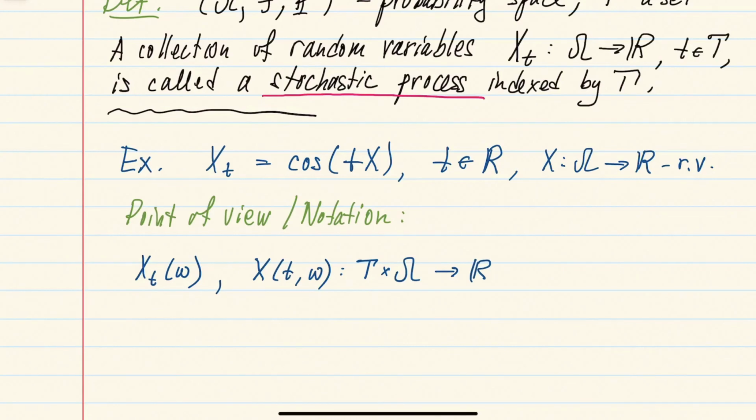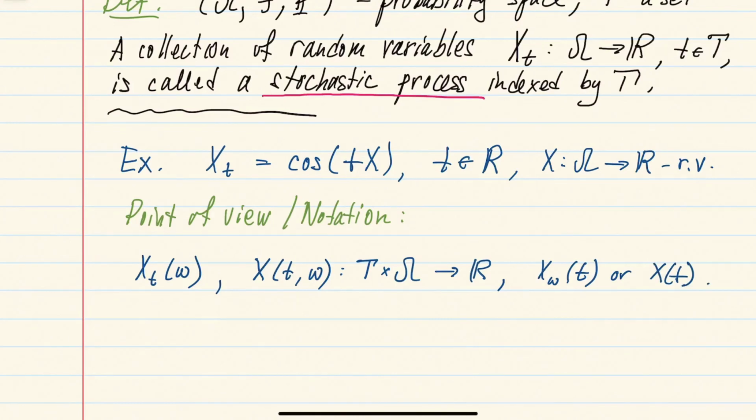Now, in some cases, you want to think of X as a function of t, as a function of your index. In that case, you might emphasize t as a variable. Of course X depends on omega, but if you view it as a function of t, you can write it like this, or in the usual probabilistic convention, if you want to make the dependence on omega implicit, you can even write X(t).